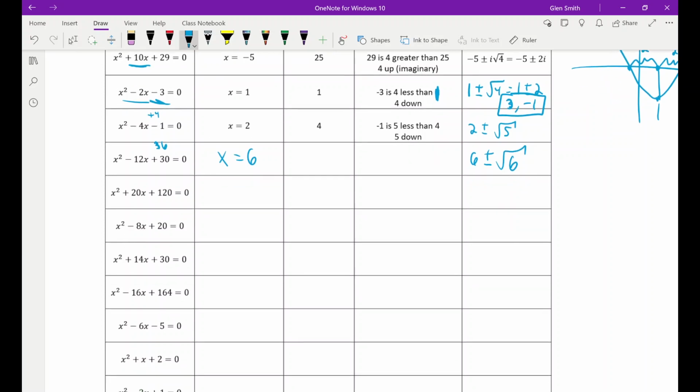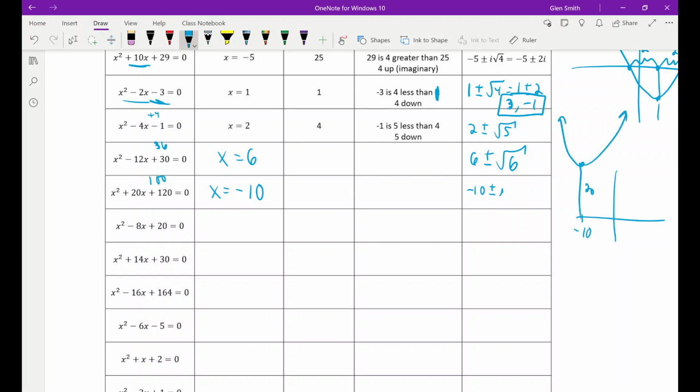Alrighty. We have a 20 here, which tells me that the x value's vertex is going to be negative 10. And if I square that out, I should get plus 100. But this is 20 too big. So we're centered at negative 10, but it's 20 too big. So graphically, here's negative 10. The vertex is up 20. Boom. That means they're imaginary, but it moved up 20.